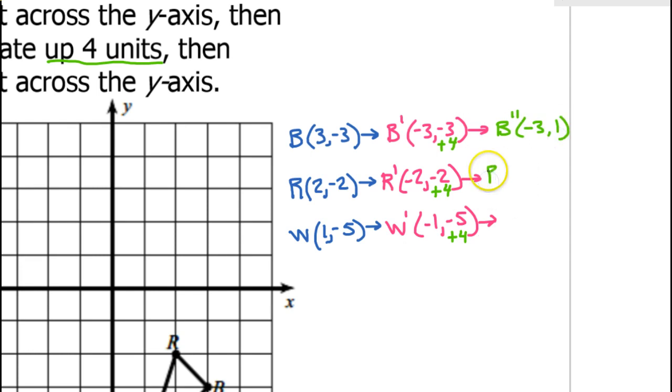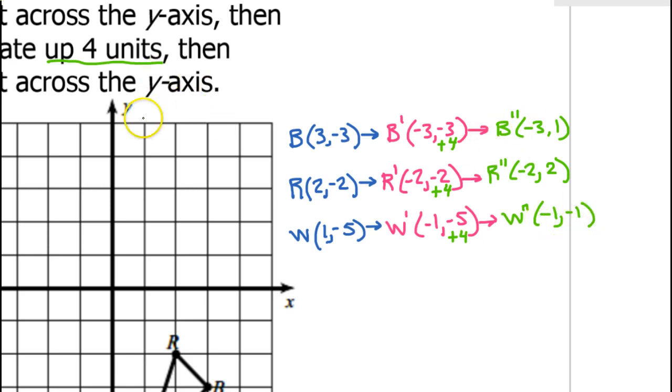For R double prime, I'm going to keep the -2. -2 plus 4 is +2. Okay, and then for W double prime, we'll keep that -1. -5 plus 4 is -1.